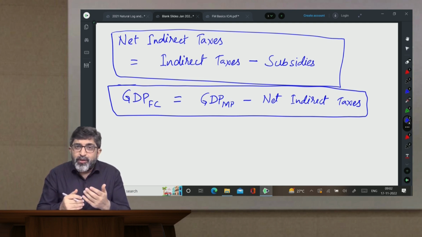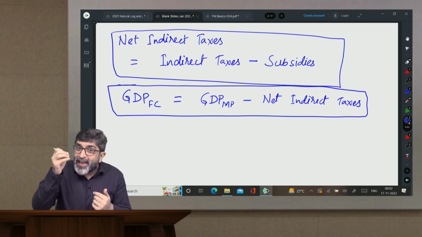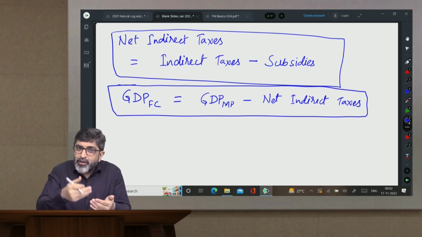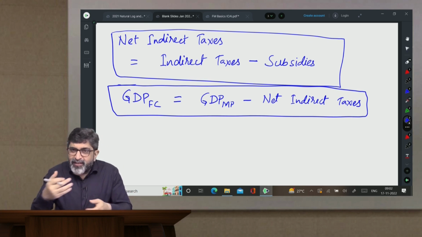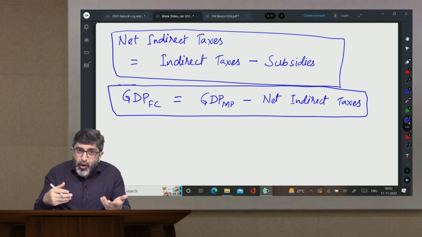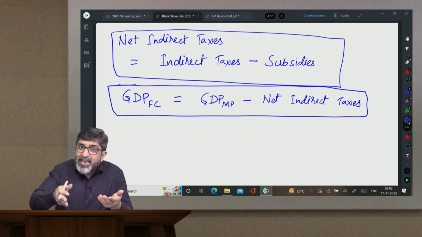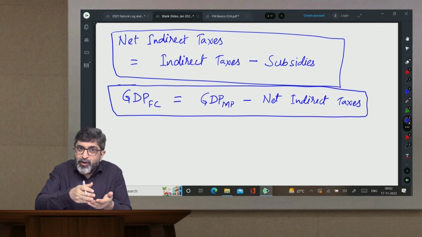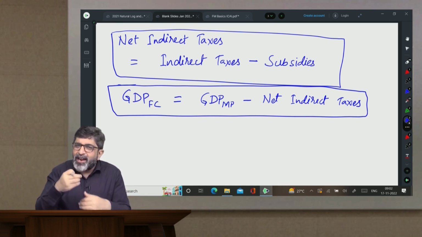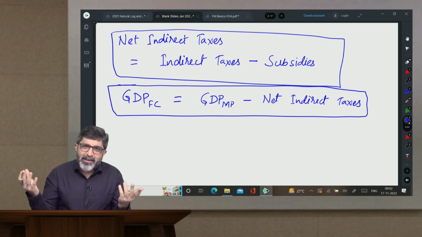How would you find NNP at factor cost? You already got GNP at factor cost, subtract depreciation, you arrive at NNP at factor cost, or you would have got NDP at factor cost. To that you add net factor income from abroad and you will get NNP at factor cost.